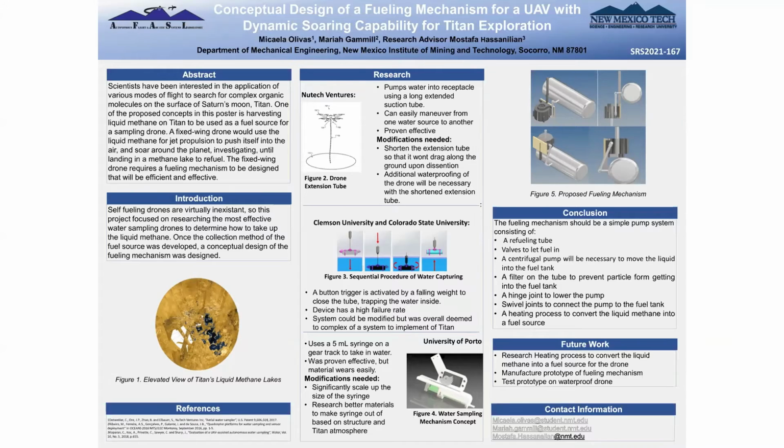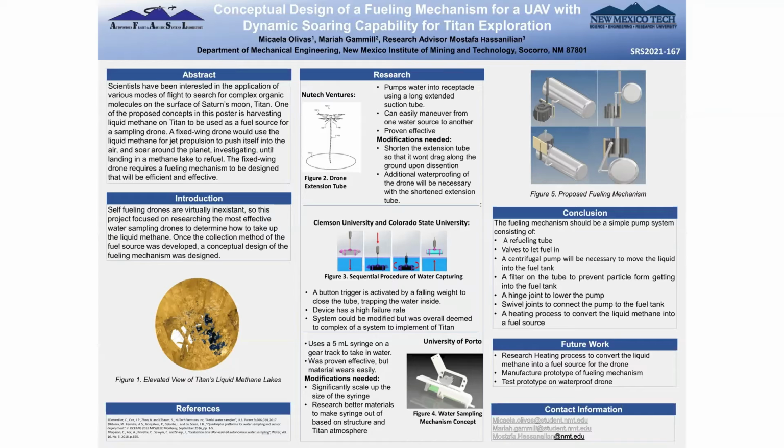Now, after looking at all of them, they needed some modifications if we were to use them, but the long extension tube seemed to be the best way to go, using suction to take the methane in. The only things that would need to happen were that we would need to shorten the extension tube so that it wouldn't drag along the ground when landing and taking off or surveying the moon.